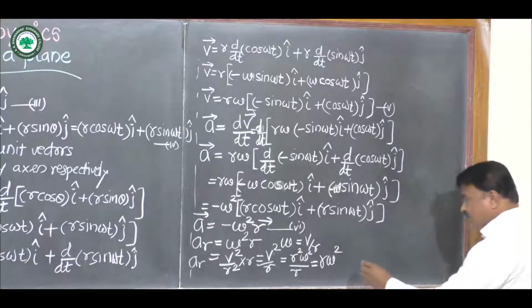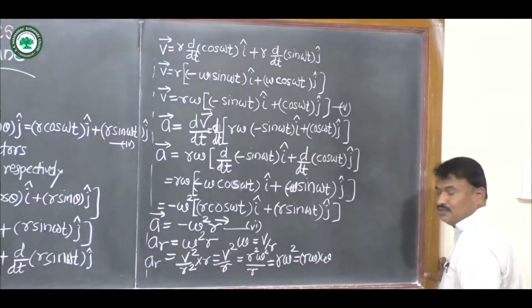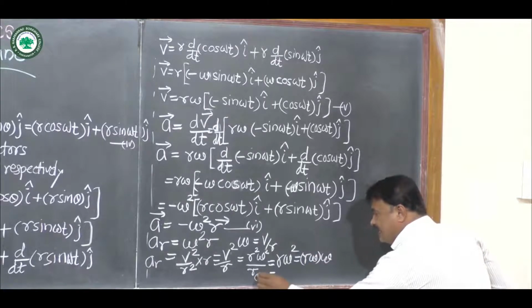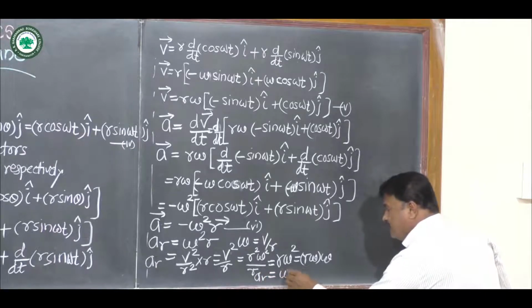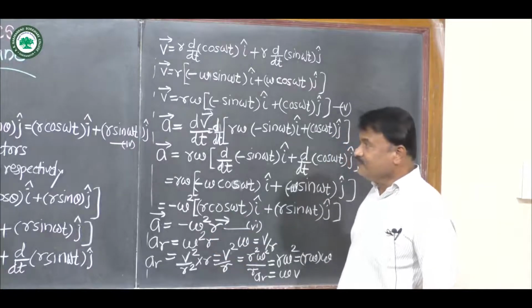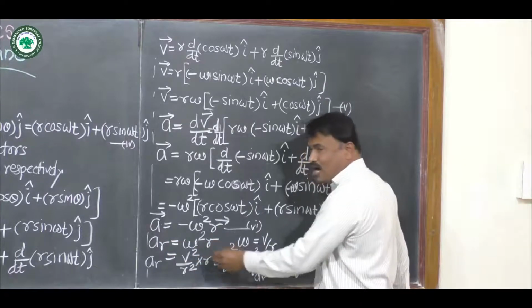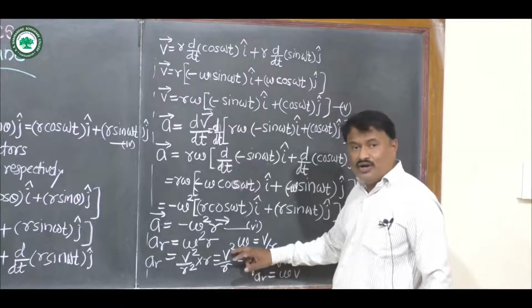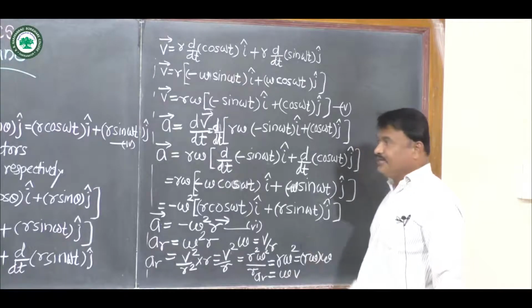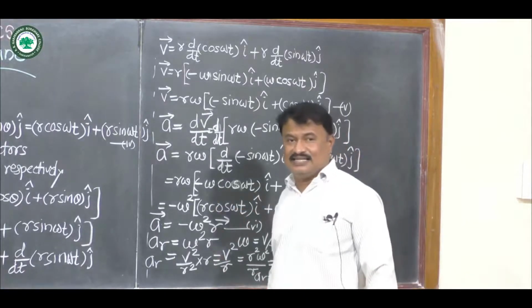By rearranging this, we get R omega into omega, but we know that R omega is V, so radial acceleration AR is also equal to omega into V. So according to this, this centripetal acceleration is omega square into R. Also it is equal to V square upon R. Also radial acceleration is equal to omega into V. So this is about the centripetal acceleration.